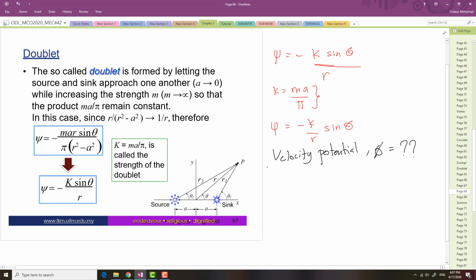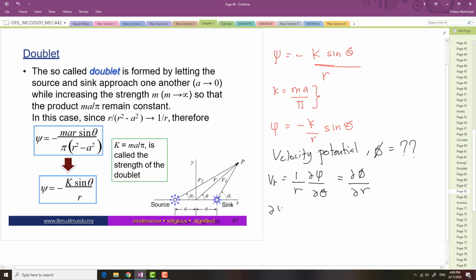Okay, so recall your source and sink equation. To obtain Vr, it is equal to 1 over r d psi over d theta. It is also equal to del phi, velocity potential, over del r. But now we don't have the radial velocity, but we can obtain it by differentiating this psi with respect to theta.